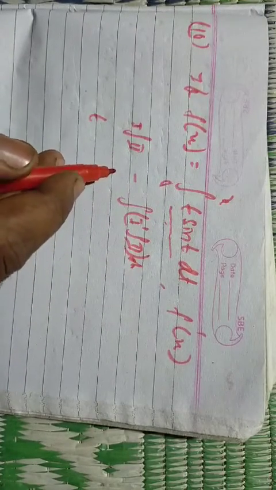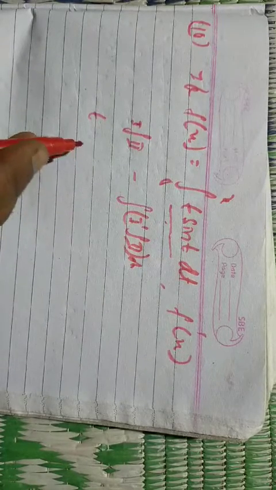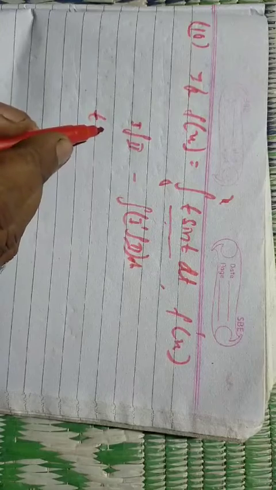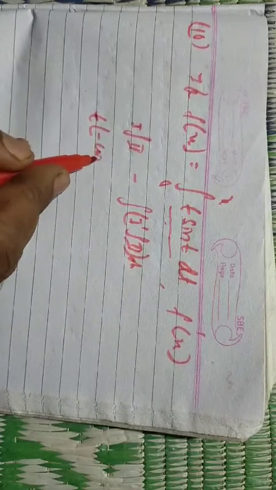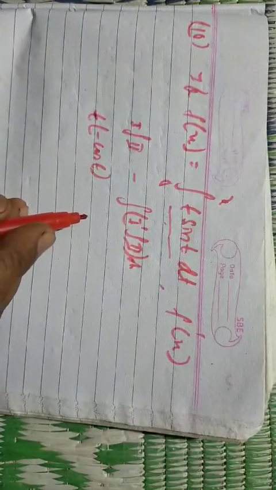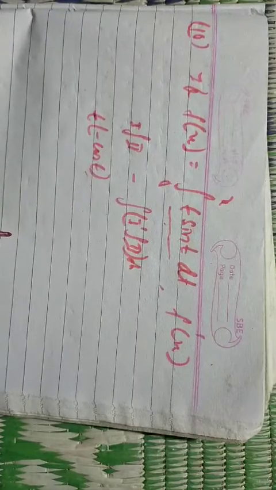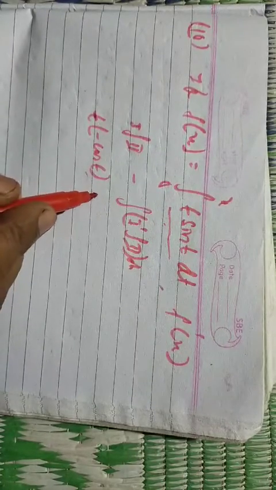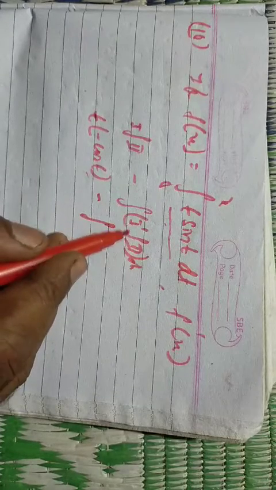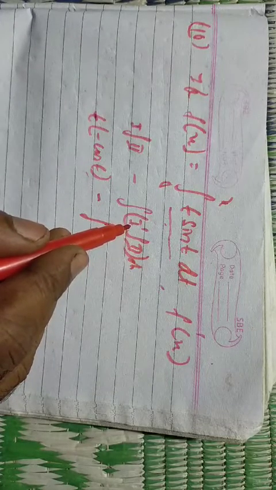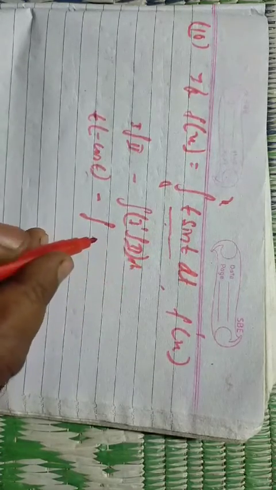So integration of sin t will be minus cos t. Now minus integration of the differentiation of first function, t, so it will be 1 only.